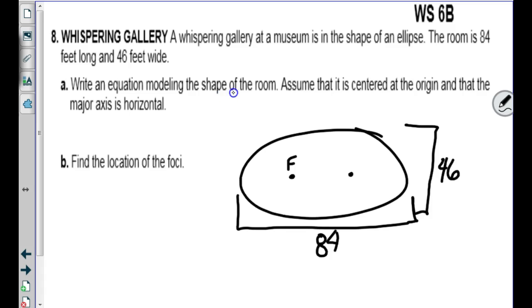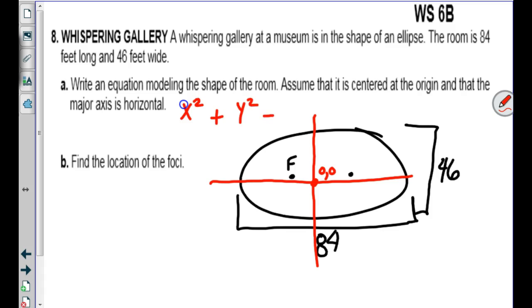It says, write an equation modeling the shape of the room. Assume the center is at the origin and the major axis is horizontal. Ooh, I even drew it right. Okay, so if we put the center at the origin, what would the equation look like? This is 0, 0. Okay, and how far is it going in the x either way? That's in the y. Never mind.